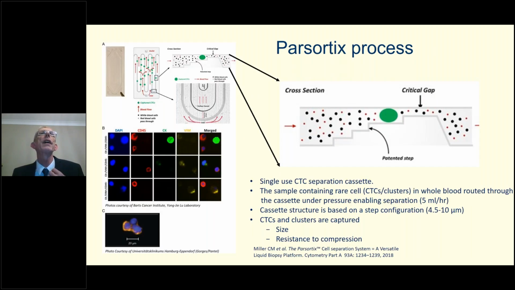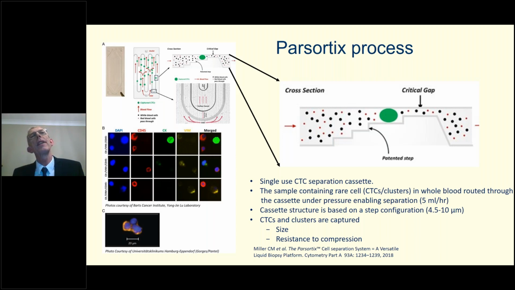So it relies on a sort of microscope cassette, if you will, that has multiple channels within that cassette, allowing flow of our sample in multiple directions. But the important thing is, within the cross-section of our slide, we have this stepwise size differentiation as our blood sample moves through the cassette.